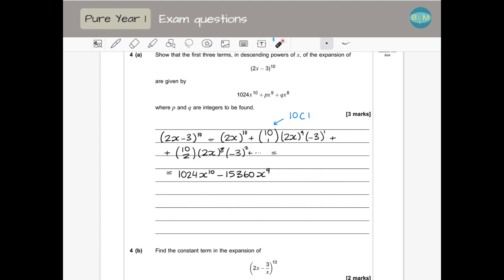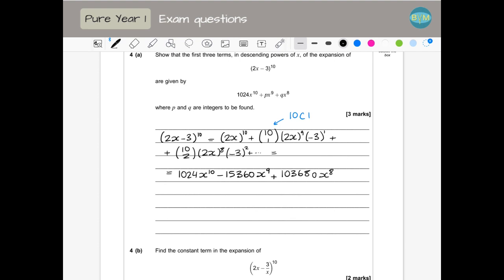And again, with the calculator, you do 10 chooses 2, so 10C2, multiply by 2 to the power of 8 and multiply by minus 3 squared. Or you can just multiply by 3 squared and think the same sign yourself. And this is, again, a big number, x to the power of 8.